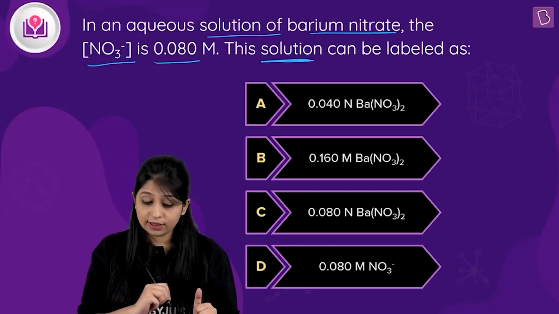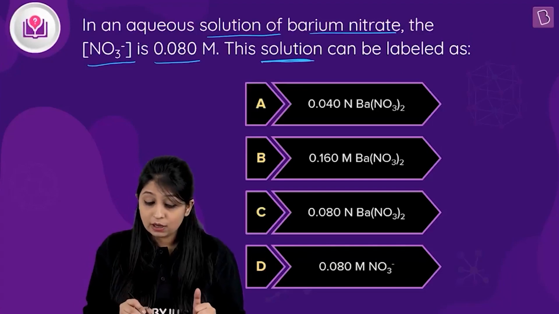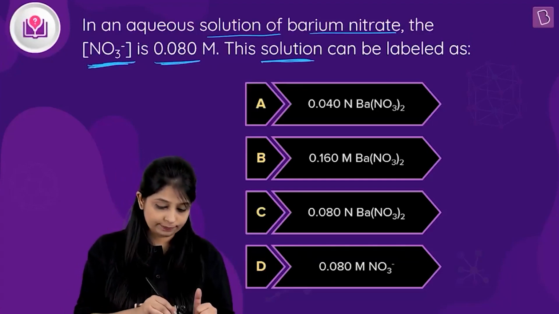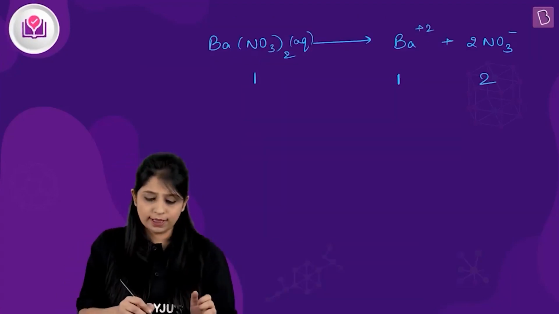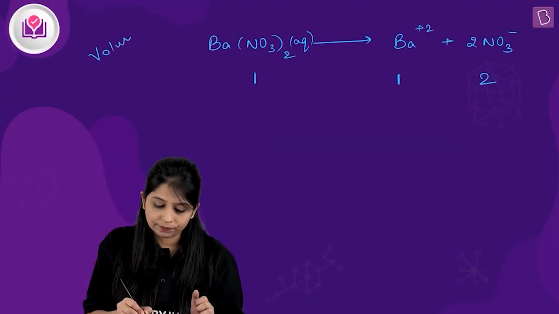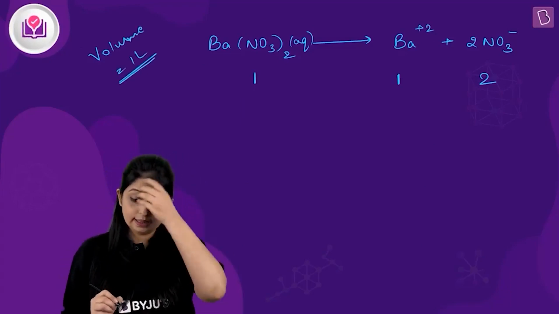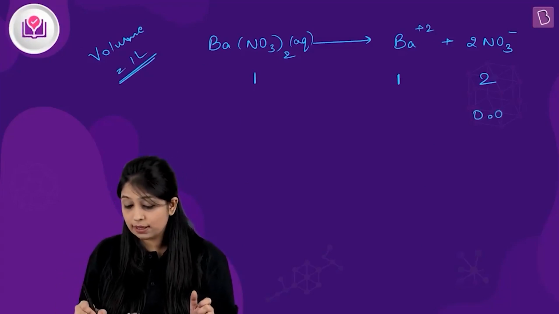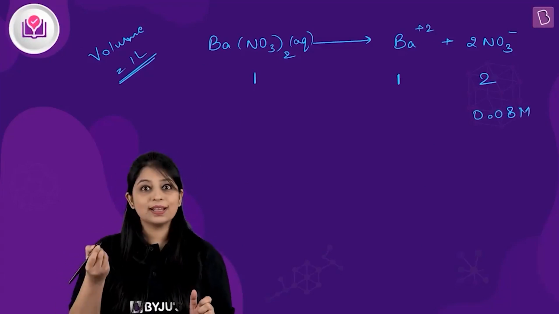And what we have been given is the concentration of nitrate ions as 0.08 molar. Okay, so let's assume that the volume of the solution is 1 liter. If the volume is 1 liter and the concentration of nitrate ions is given to us as 0.08 molar, what does that mean?